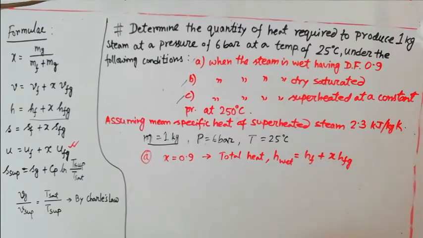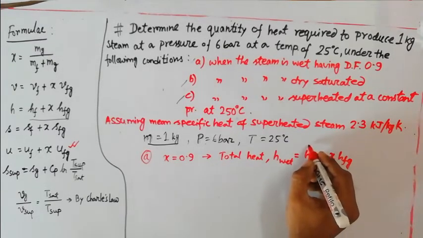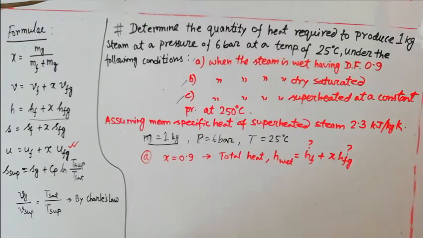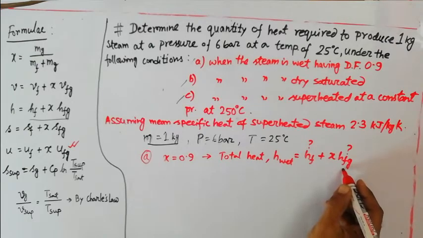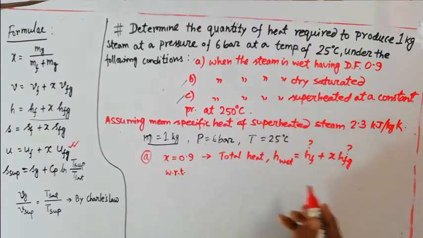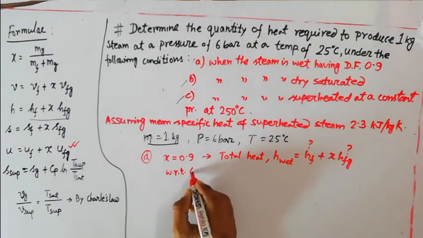So from this expression we need to know these two values, this one and this one. Using the steam table, the specific enthalpy and the latent heat, that is Hfg, both of these values can be found with respect to the pressure, that is 6 bar pressure.